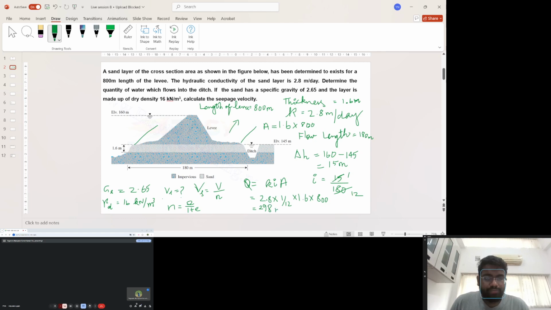So that will be 298 meter cube per day, and the discharge velocity will be V is equal to Ki, which is 2.8 by 12.